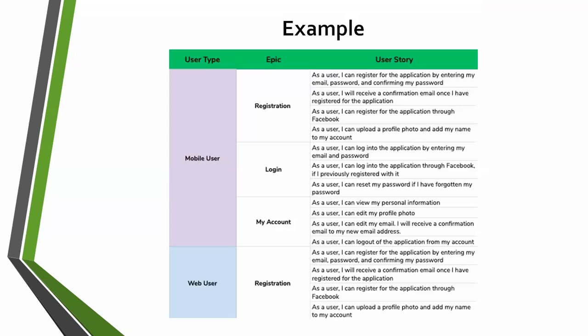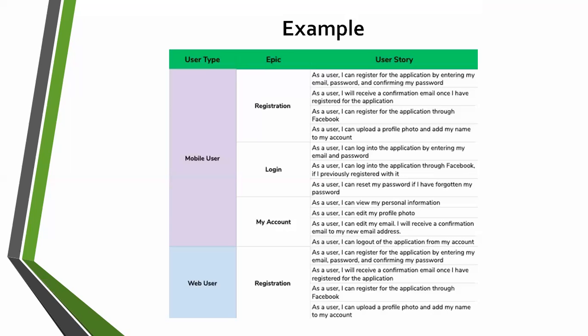I've come up with 3 or 4 user stories for this using the template. So: as a user, I can register for the application by entering my email, password, and confirming my password. Simple. Is it fulfilling the criteria? Why should it define this?